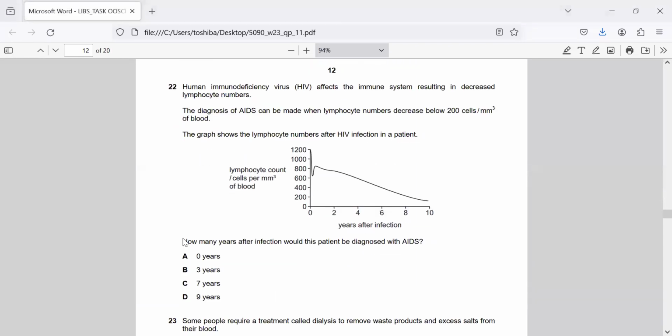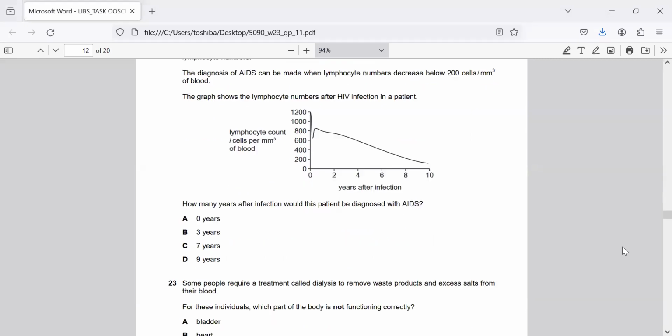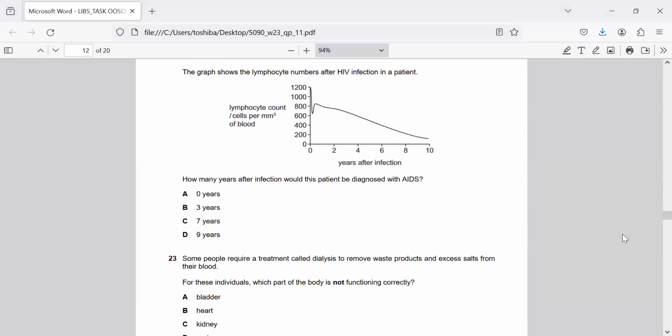Question number 22 says that human immunodeficiency virus HIV affect the immune system, resulting in decreased lymphocytes number. Diagnosis of AIDS can be made when lymphocyte number decrease below 200 cells per millimeter cube of blood. The diagram shows the lymphocytes number after HIV infection in a patient.